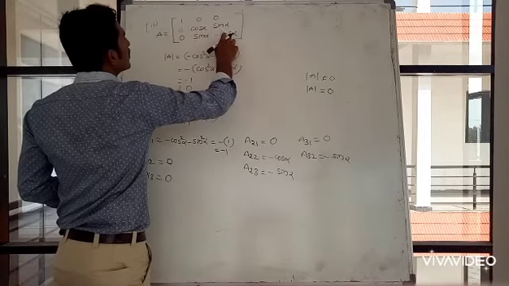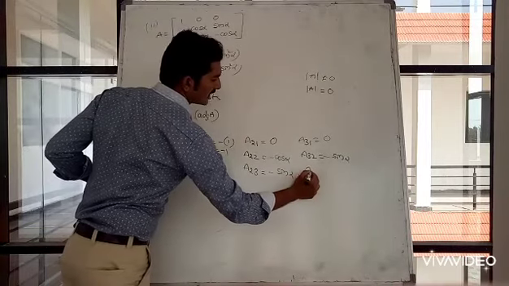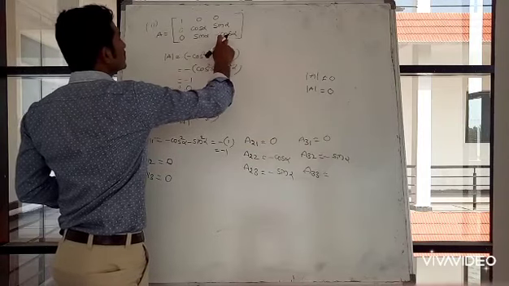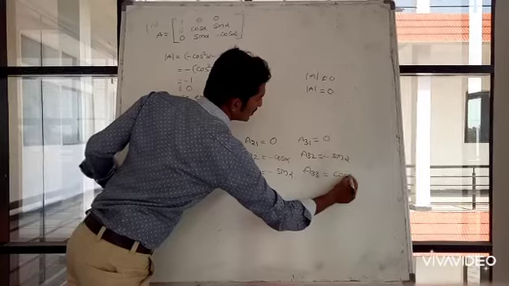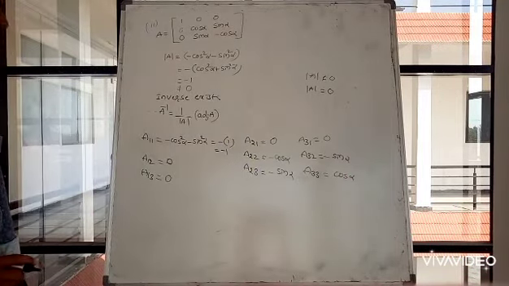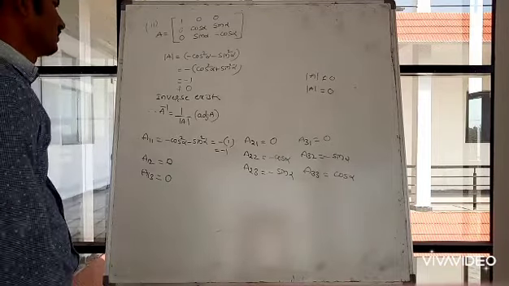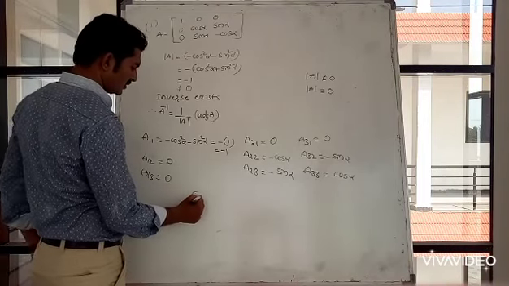The last element, A33: leave this row and column, we get cos alpha, positive, because 3 plus 3 is even, so minus 1 raised to an even number means positive. These are the cofactors of each element.